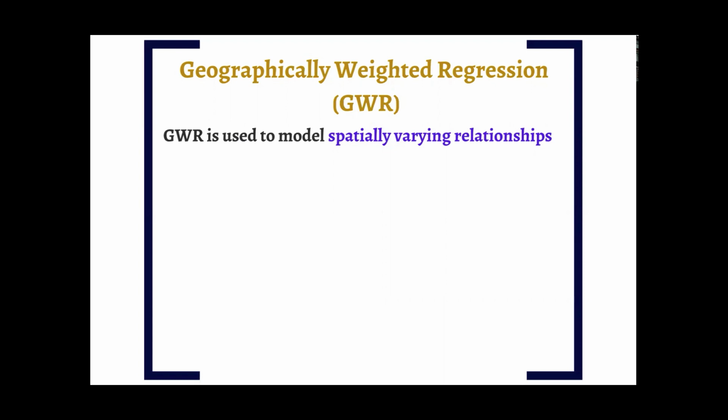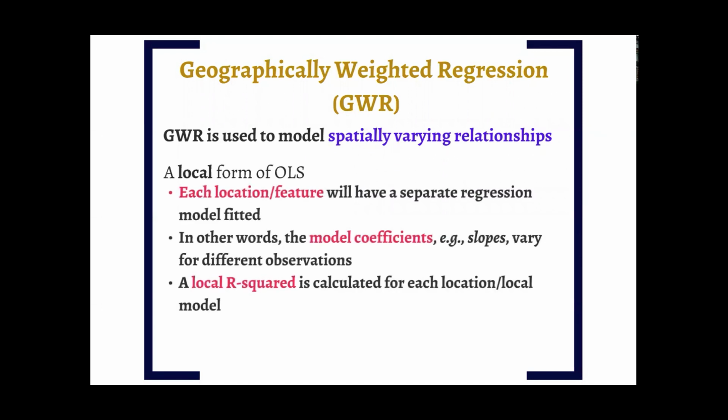First of all, GWR is used to model these changing relationships across your study area. This means you're going to develop a local model for each location. It's a local form of the regular ordinary least squares regression.